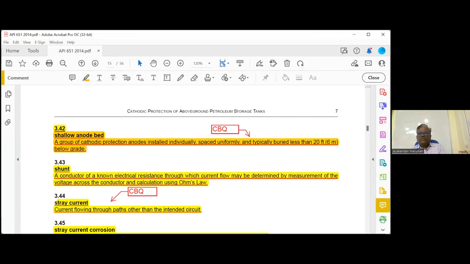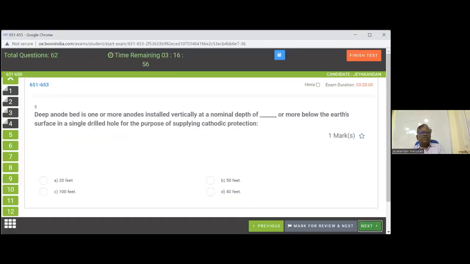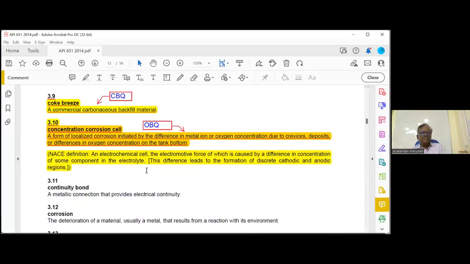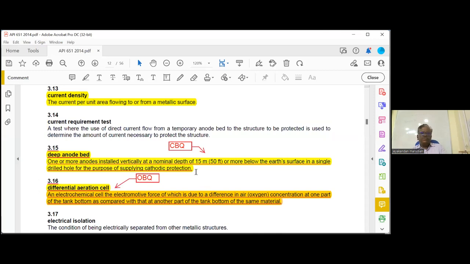Okay. Next one. Deep anode bed is one or more anodes installed vertically. The answer is 50 feet. Deep anode will be before, because D will be here. Okay, 3.15. Deep anode bed, 50 feet or more.